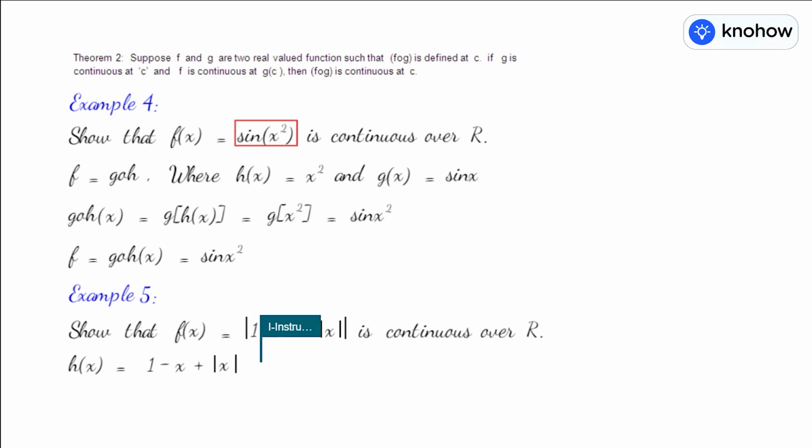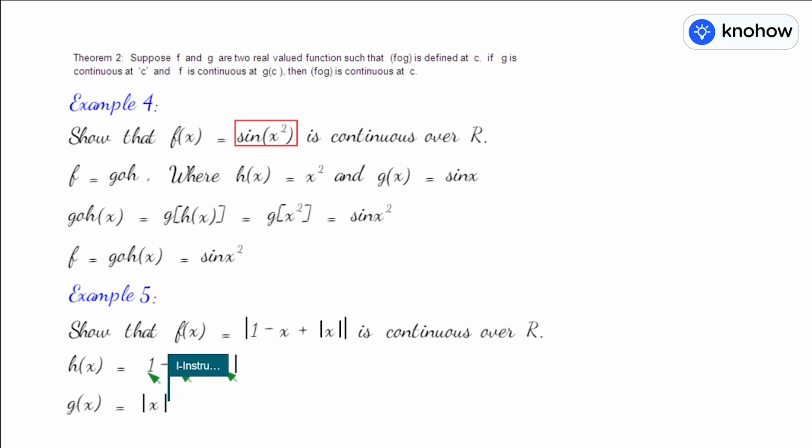Why? As 1, a constant function, is continuous, x being a polynomial function is continuous, and modulus x, you have noted, is continuous. And so should be their sum. So h(x) is continuous. I further define g(x) equal to mod x. And mod x is continuous.